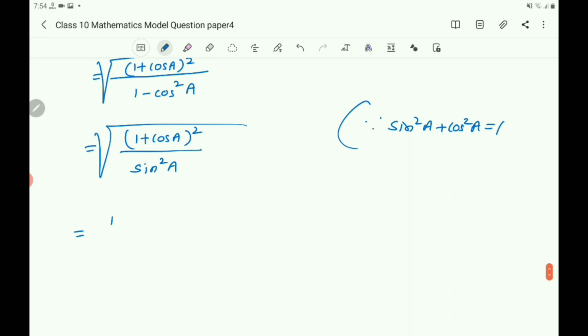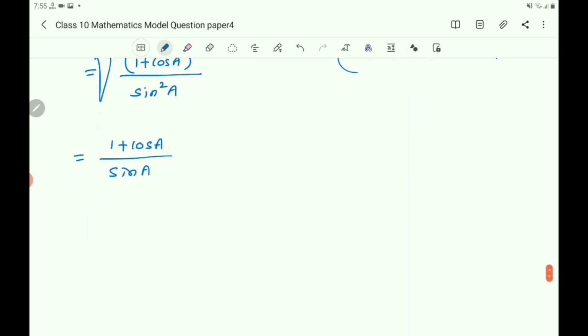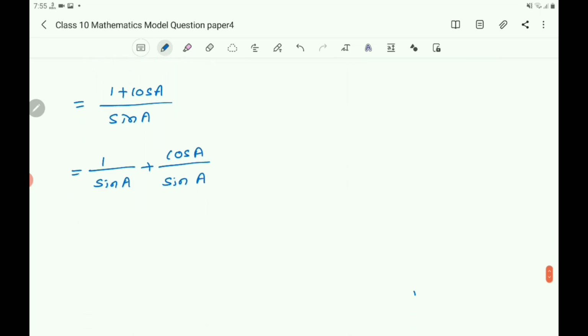Square root of 1 plus cos A whole square by sin square A is 1 plus cos A by sin A. Now you separate 1 by sin A plus cos A by sin A. 1 by sin A is cosec A, plus cos A by sin A is cot A. You got, that equals RHS.